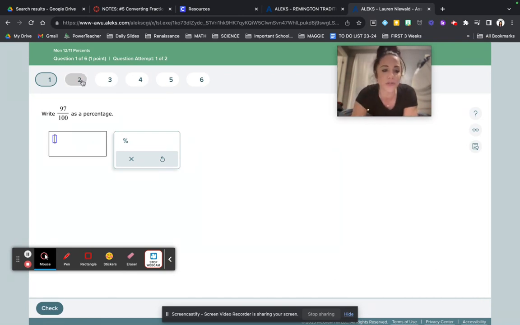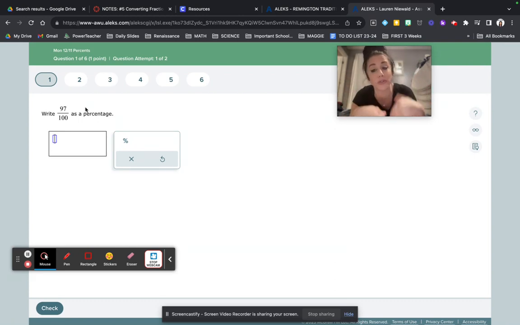Okay. So, for instance, when they're asking you to write 97 hundredths as a percentage, basically the one rule that you need to know is that in order to find a percent, you need to have a number out of 100. So when you're looking at a fraction, whatever the number is on top, your numerator, is the percent.